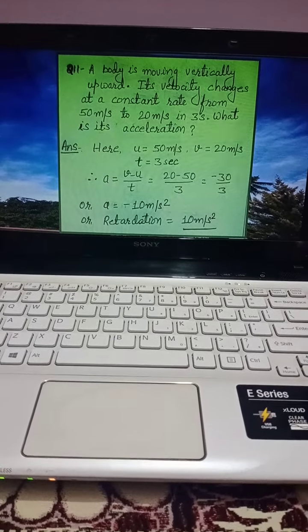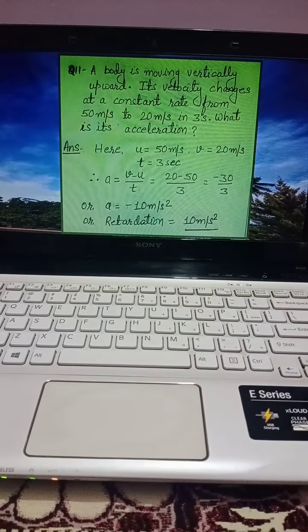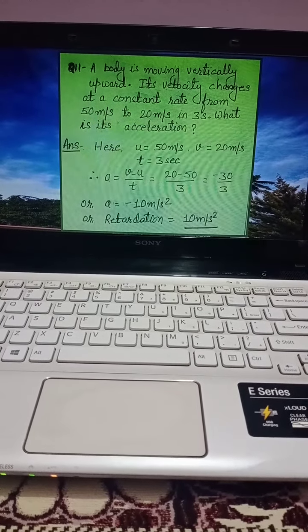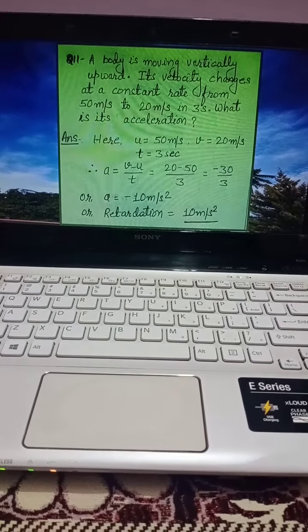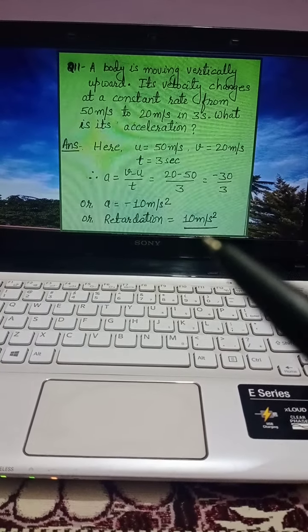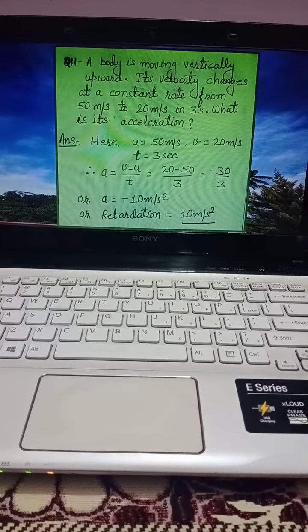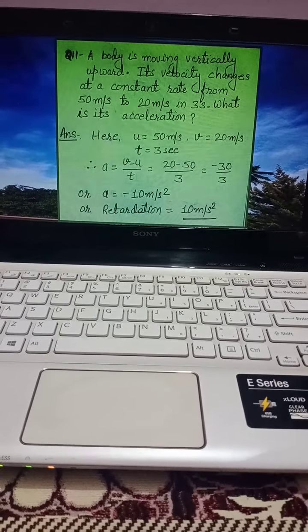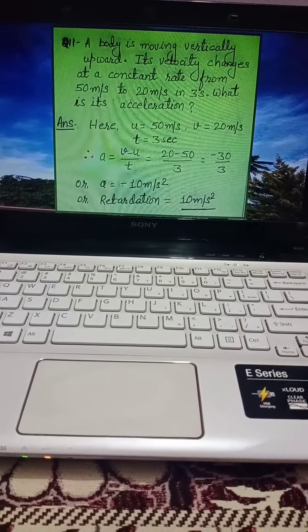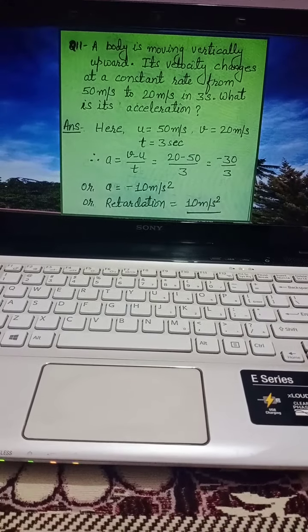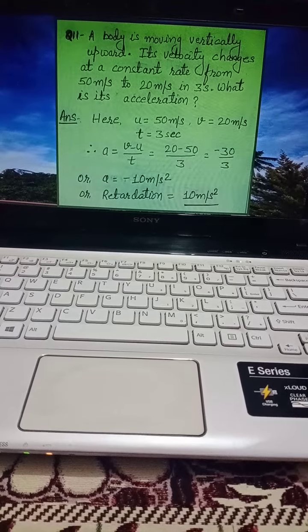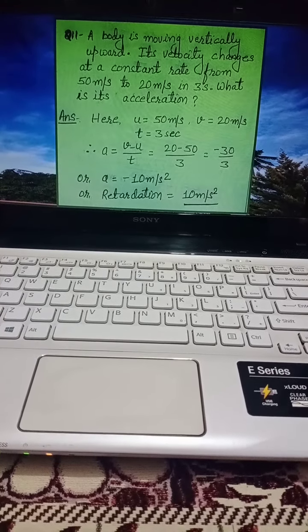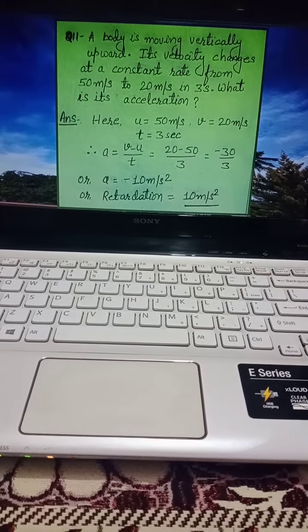As it is in negative direction, we can say it is a retardation. So retardation is equal to 10 meter per second square because its velocity decreases from maximum to minimum. Therefore the body is in retardation motion.